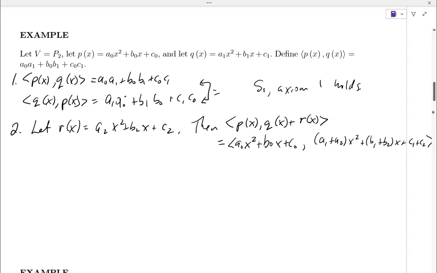So we would add the Q and the R together first, and then we would multiply, right? So what do we get when we multiply these, or take the inner product of these two things? Yeah, same for the other two, and they're all added together, right?